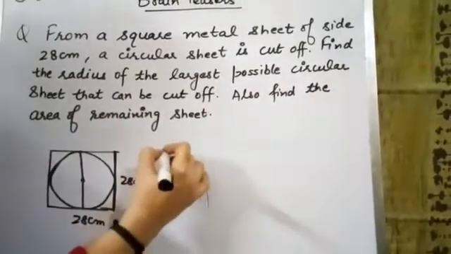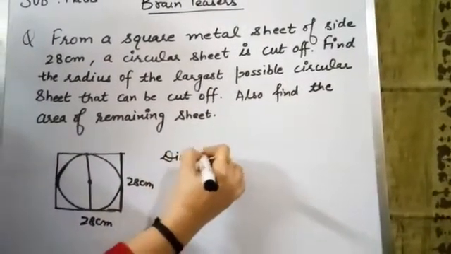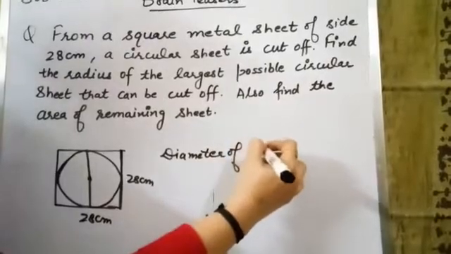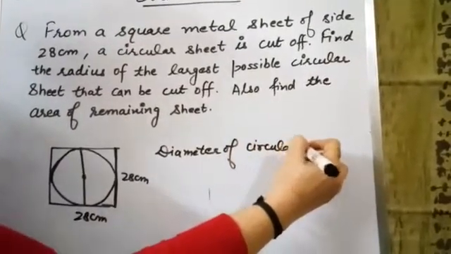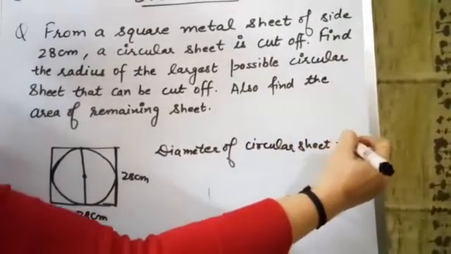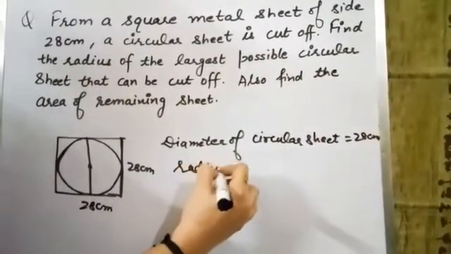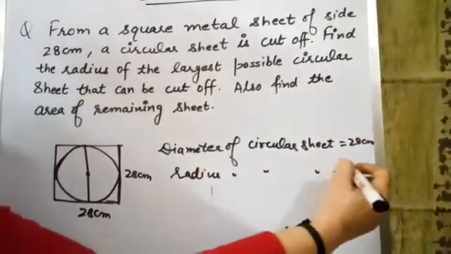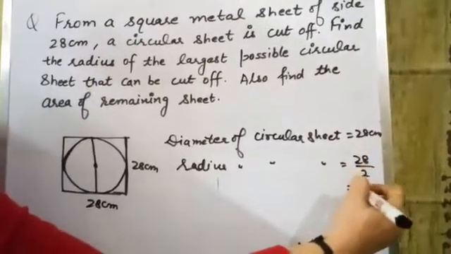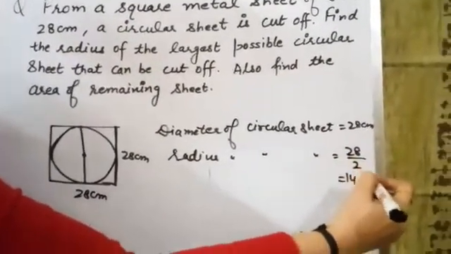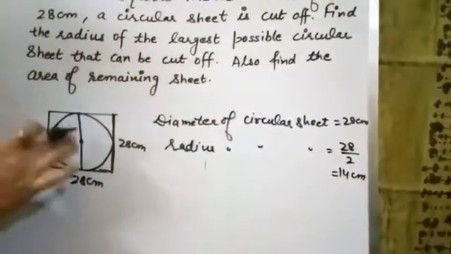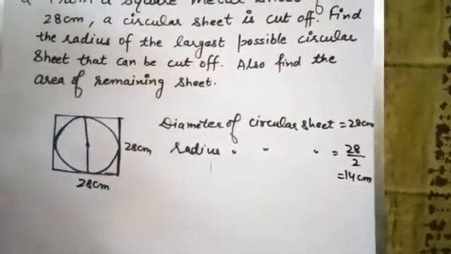It means diameter of the circle is 28 centimeter. If the diameter is 28 centimeter, we can find the radius of the circular sheet, diameter by 2, that is 14 centimeter. We have taken out the radius of the circular sheet that can be maximum cut off.